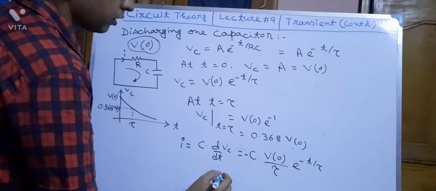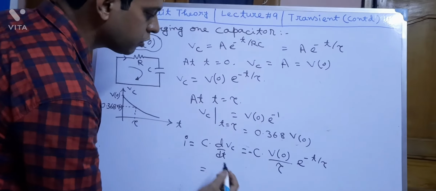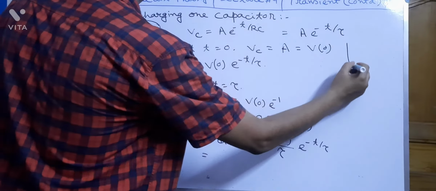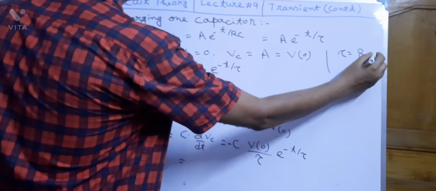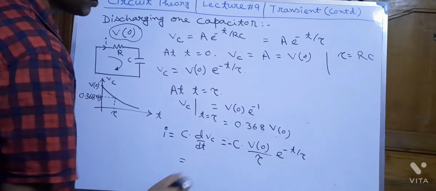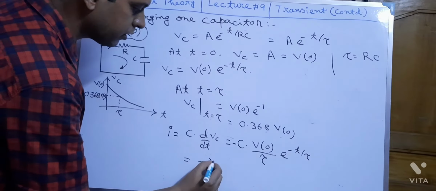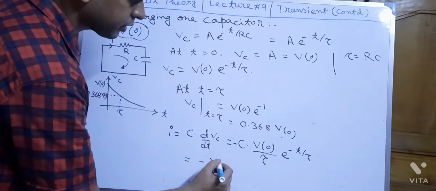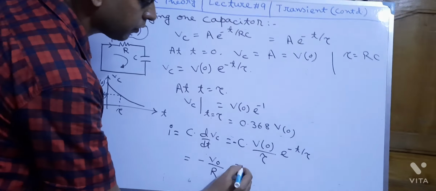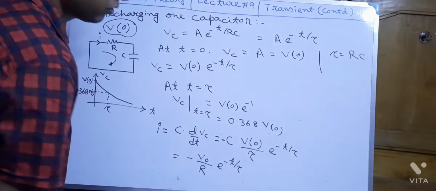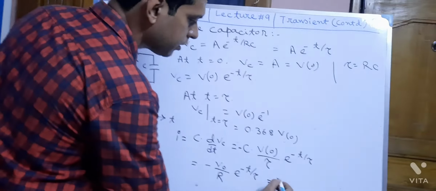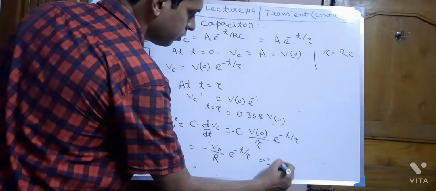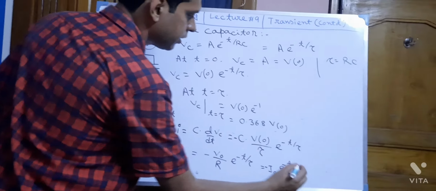Now tau equals RC. Let us put RC in place of tau. So we will get minus V0 by R e to the power minus t by tau. Let us call V0 by R as I0, so I equals minus I0 e to the power minus t by tau.